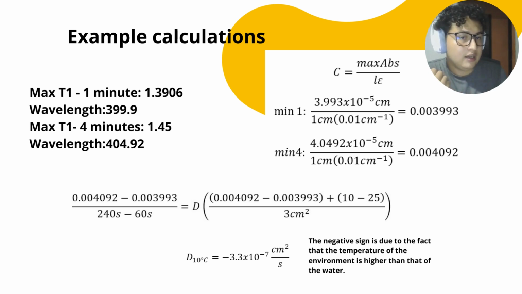Specifically, for the environment, we use the standard of 25 Celsius degrees, but in this case, the water is at a temperature of 10 Celsius degrees. So we can think that this sign is just from this level of temperatures. But in other cases, we don't have this specific situation.